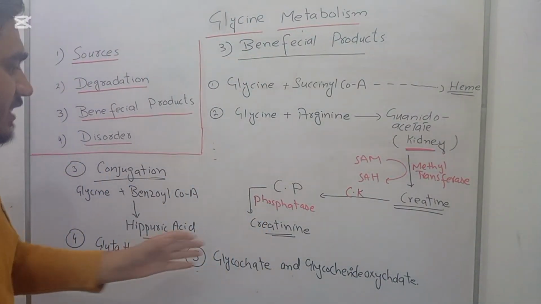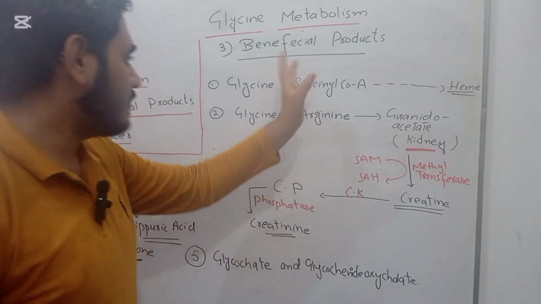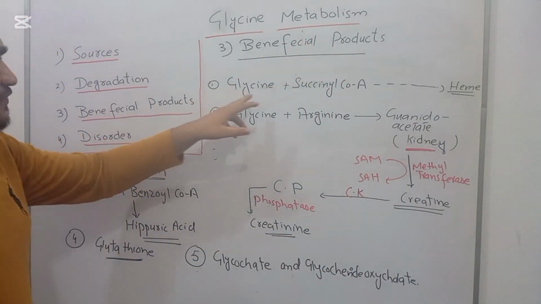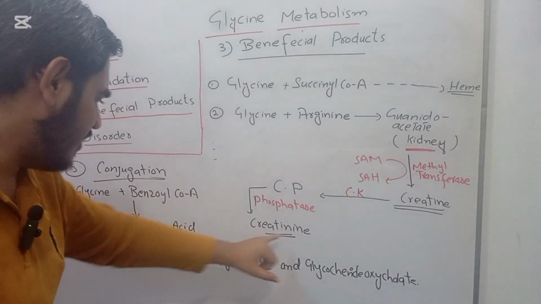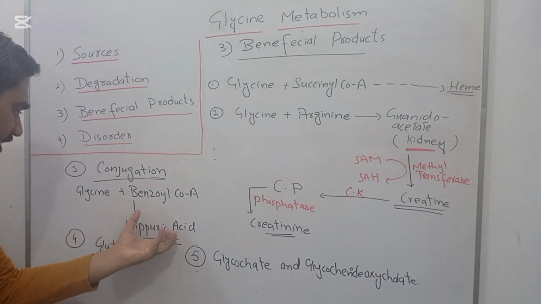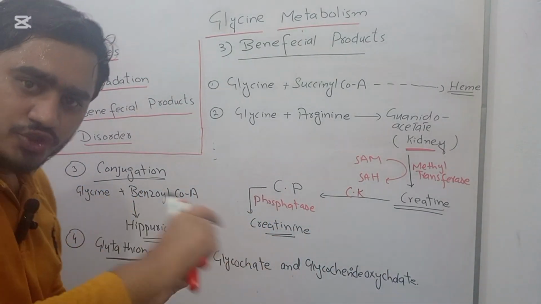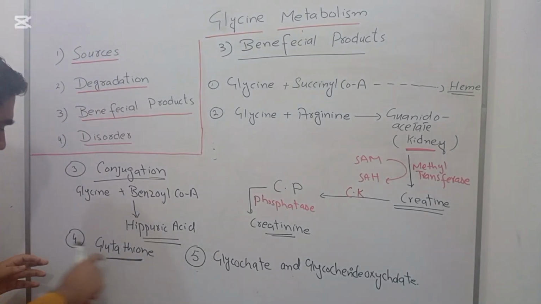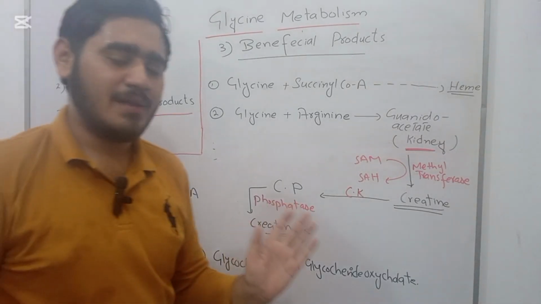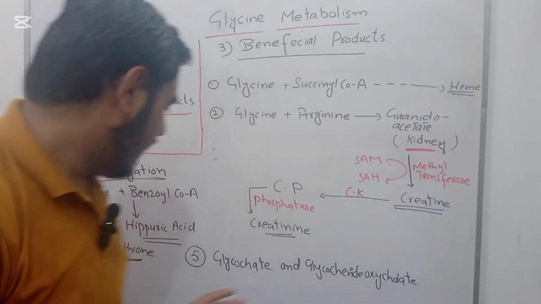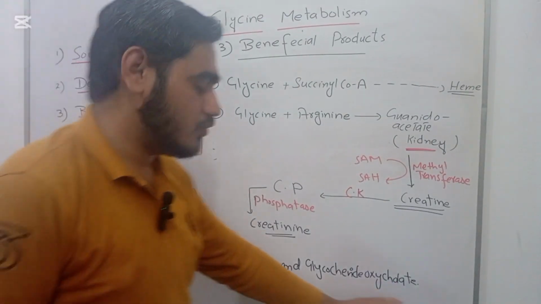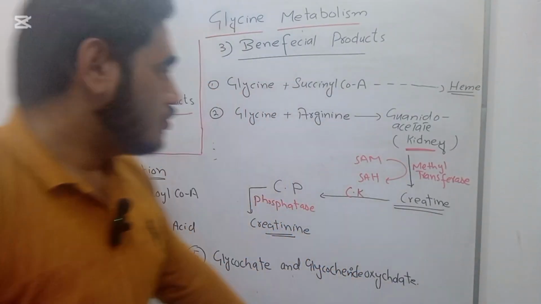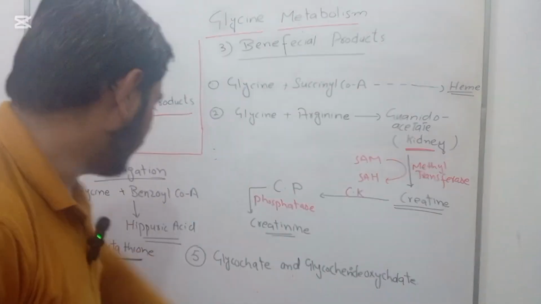So basically these are the beneficial products from glycine metabolism. The first one is heme, another is creatine and creatinine, another is hippuric acid that is excreted through our urine, then glutathione, whose full form is gamma glutamyl cysteine glycine, and the last one is the synthesis of glycocholate and glycochenodeoxycholate. So these are the beneficial products.